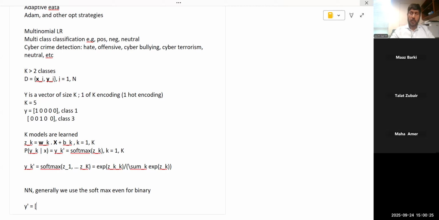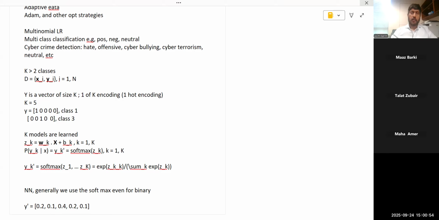Remember now this is going to be normalized and sums to 1. So 0.2, 0.1, 0.4, 0.2 and 0.1. So let's say this is the output that you get from y prime by taking the softmax of all the zk's. Okay.